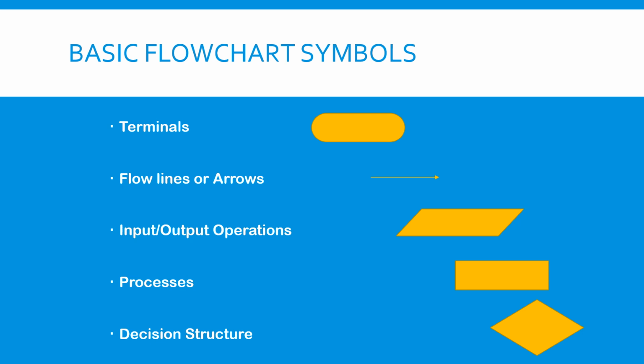Then flow lines show how the control will flow from one step to the other. That flow can be indicated with the help of the arrow. For showing the input and output operation, a parallelogram can be used. For marking the process, a rectangular block is used. And for showing the decisions and if-makings in the program logic, a diamond symbol or a rhombus symbol can be used.